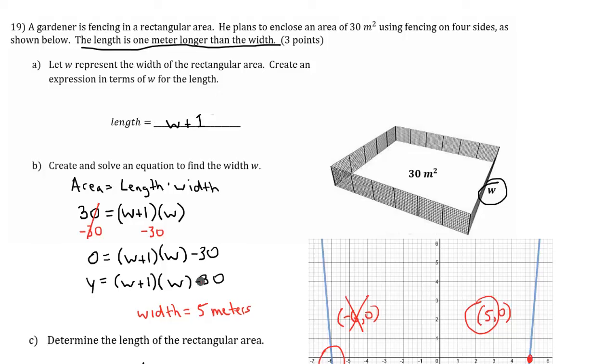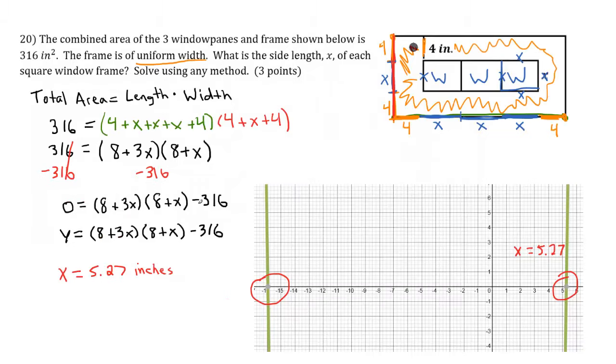And lastly, question number 20 was dealing with the windows and the frames. So that x value was 5.27 inches. And remember, you could also solve this equation through other means using algebra, but I think it's a little bit easier to use a graphing calculator if you have one available.